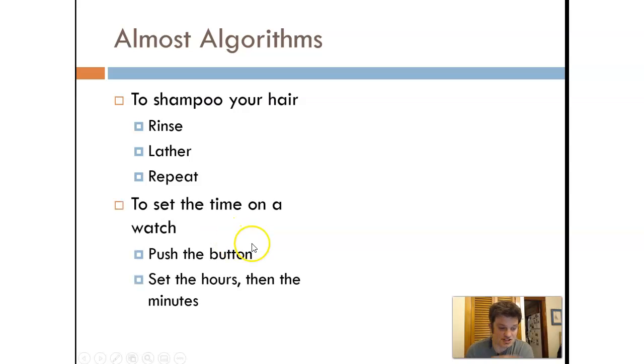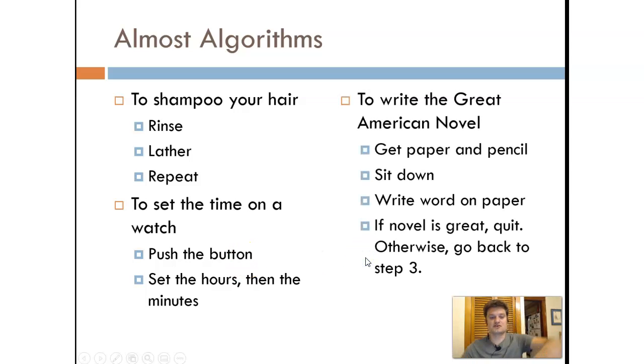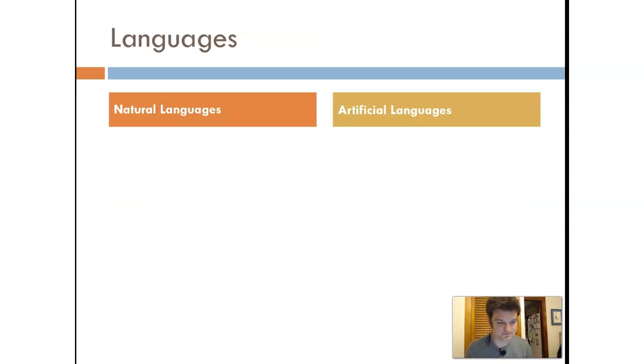To set the time on a watch: push the button, set the hours, then the minutes. Pretty straightforward. To write the great American novel... you guys are generally getting the idea. An algorithm is simply a set of steps, a set of instructions that you need to take. Typically with humans, we don't really do well with algorithms, but machines do.